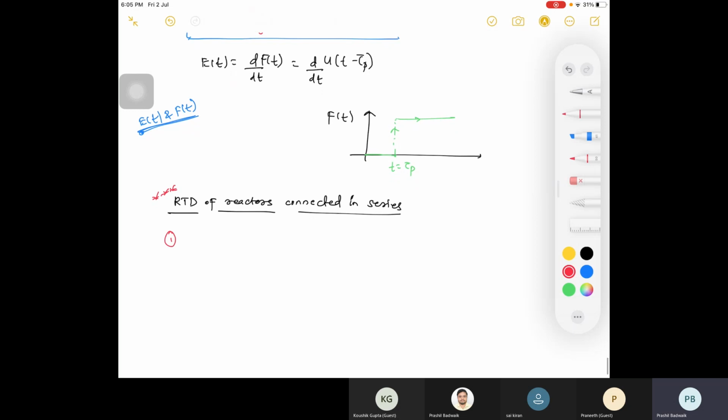First example, CSTR followed by PFR. What is this I? This I is basically the point of injection.